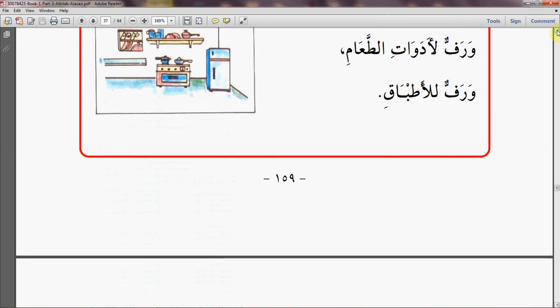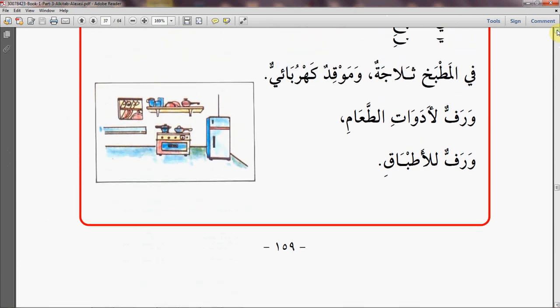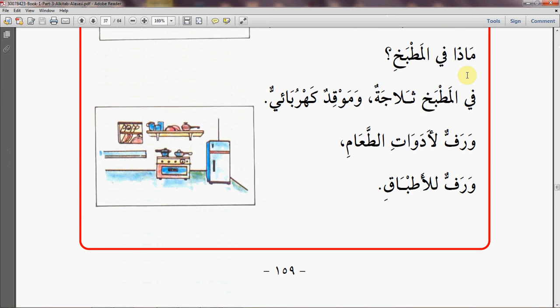Just repeat after me. ماذا في المطبخ؟ ماذا في المطبخ؟ في المطبخ ثلاجة وموقد كهربائي ورف لأدوات الطعام ورف للأطباق.